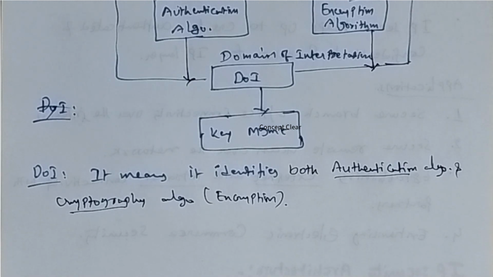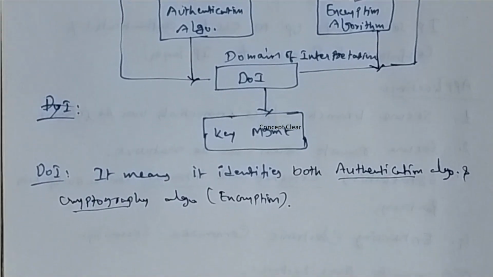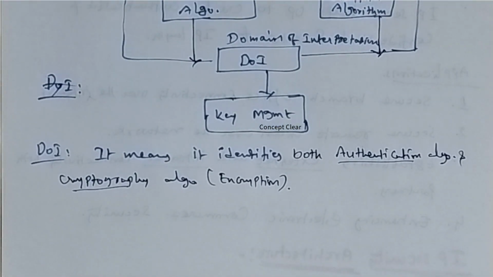And what is the next block? Now we will see each and every block. The first one is authentication header. What is authentication header? We will see it in a separate topic.